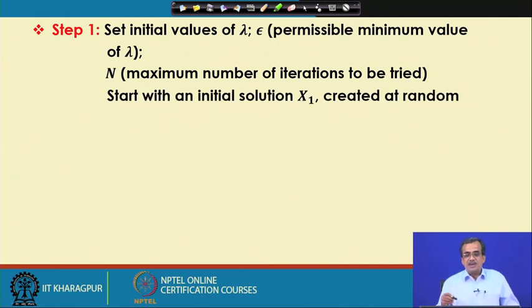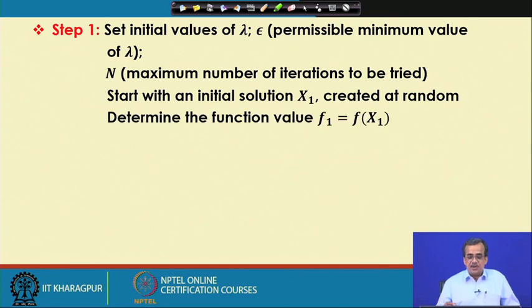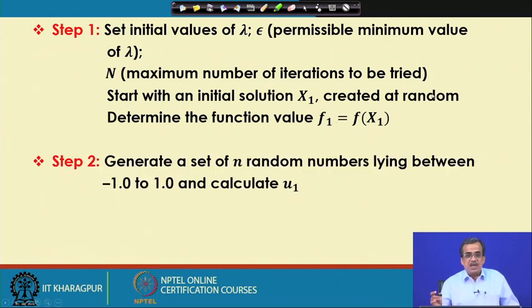We start with an initial solution x 1 created at random, and we determine the value of the objective function, f 1, that is f of x 1. Then we go for step 2.